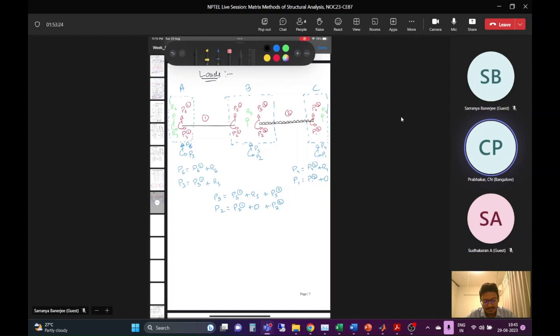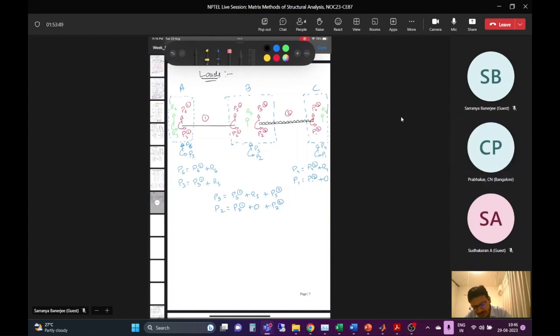Now can you say what are these P1, P61, P means, what are these 1 and 2 kind of variables? What do they constitute? Fixed end moments due to the external loads. Exactly. So if they are fixed end moments due to the external loads, there is no load on element 1.